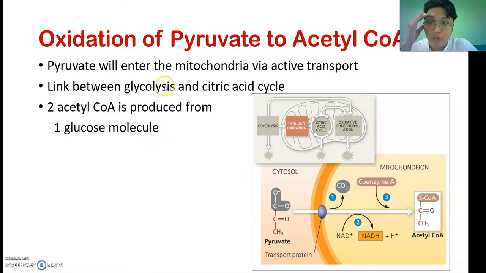So, this is the link between glycolysis and the second major reaction, which is yun nga, citric acid cycle. So, ang nangyari lang dyan, pyruvate, this is a 3-step process wherein your pyruvate from 3 carbons, 1, 2, 3, magiging 2 na lang na carbons. Okay? So, dahil yung isang carbon na yun naging CO2 na.